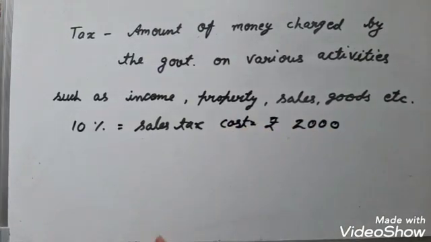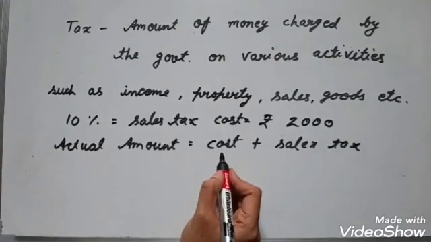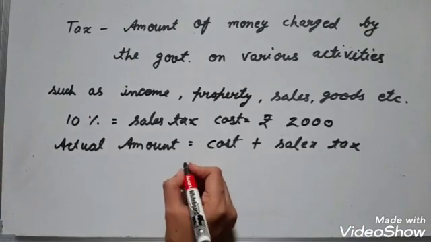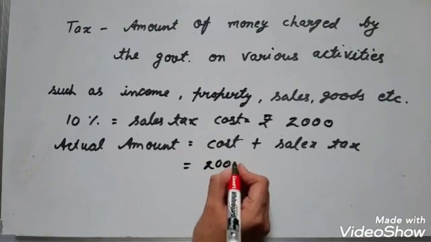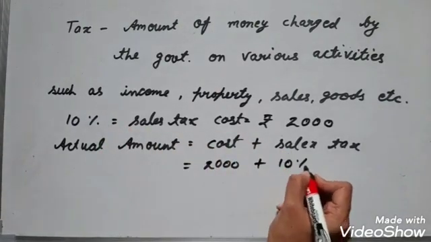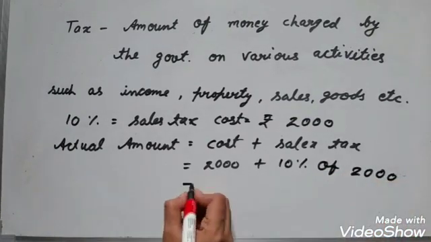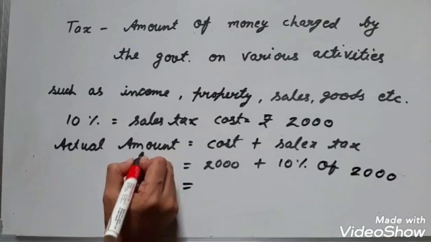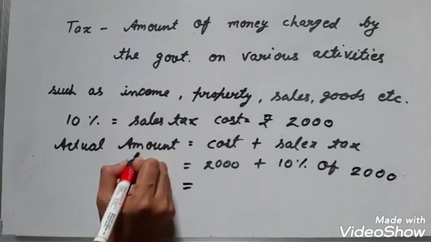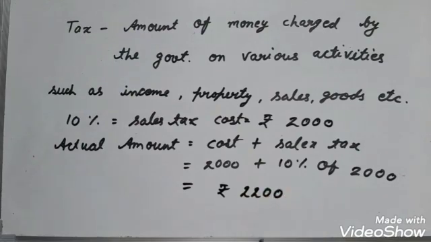Okay, so the actual amount paid by the customer is cost of the sofa plus sales tax. So what is the cost? 2000 rupees, and sales tax 10%. 10% of these 2000. So actual amount which is paid by the customer is rupees 2200.